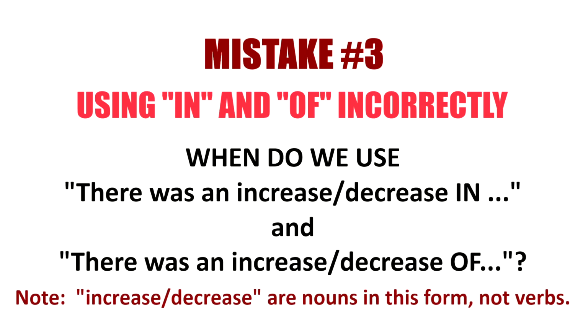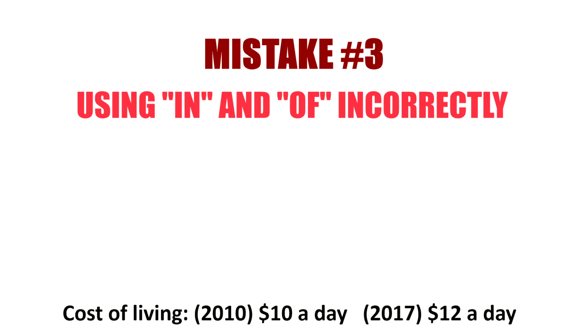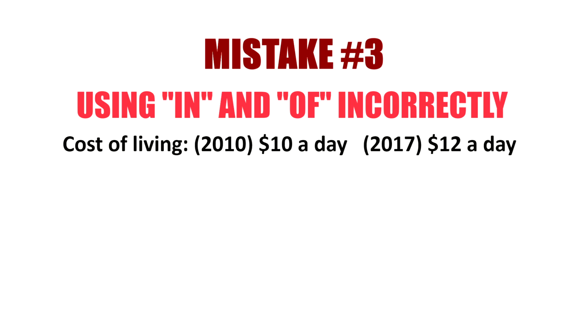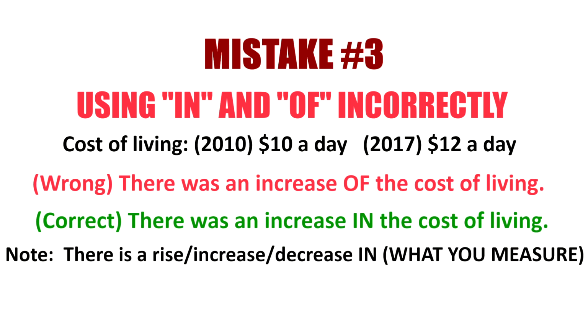Okay, the next common mistake is when using increase, rise, decrease. When do we use a decrease in and a decrease of? Well, we are using it as a noun here, and let's imagine a new graph. Okay, this is the cost of living in a country. The person says there was an increase of the cost of living. This is wrong. There was an increase in the cost of living.